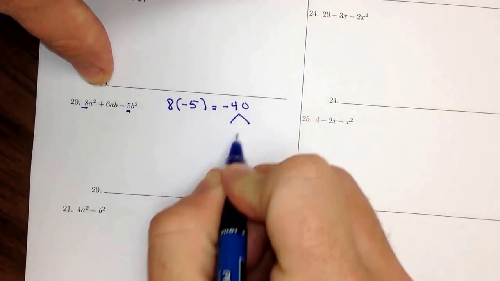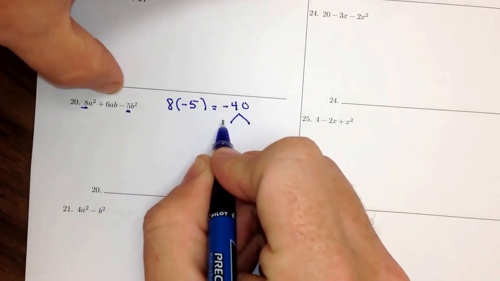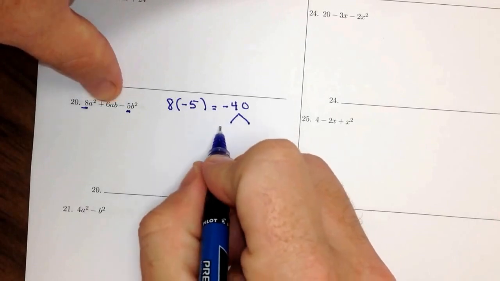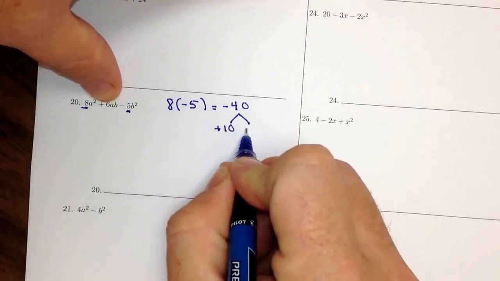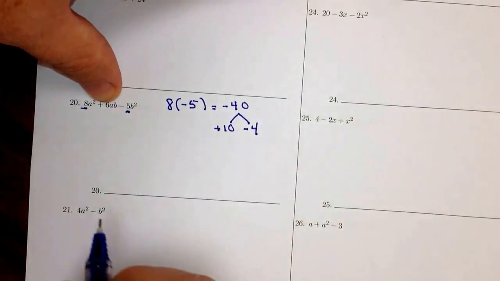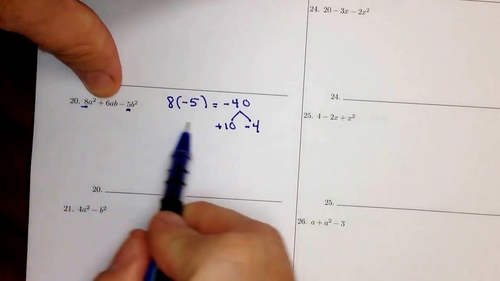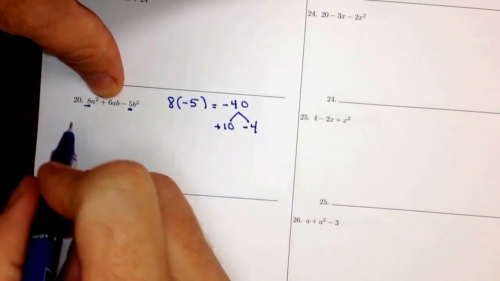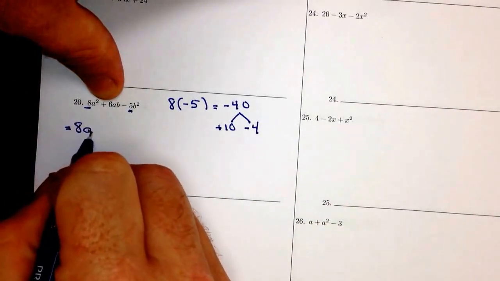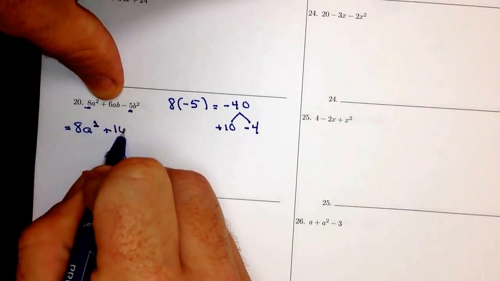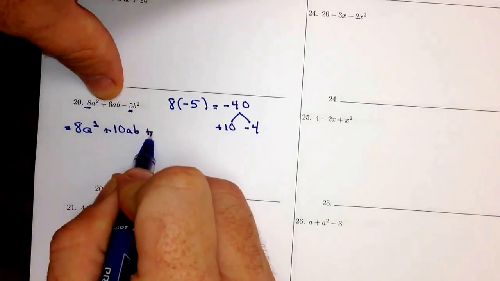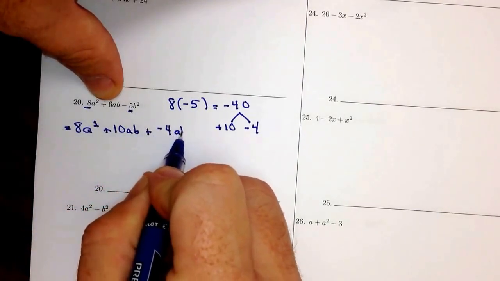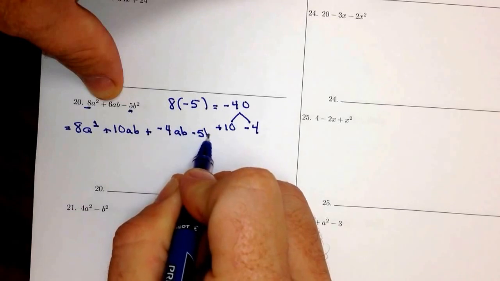Now what 2 numbers multiply to negative 40 that add up to positive 6? That's going to be plus 10 and minus 4. So we're going to rewrite the 6ab as 10ab plus a negative 4ab. So this becomes 8a squared plus 10ab plus negative 4ab minus 5b squared.